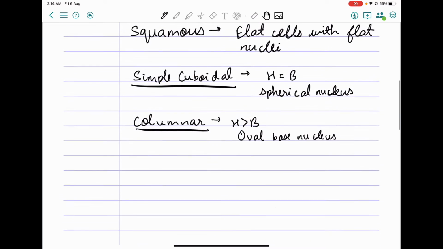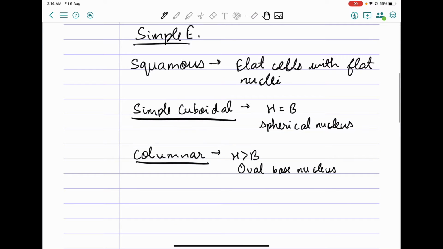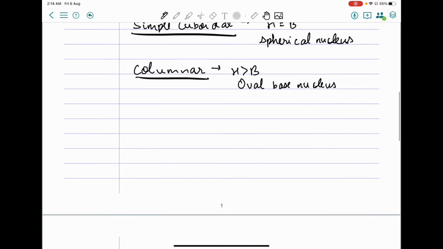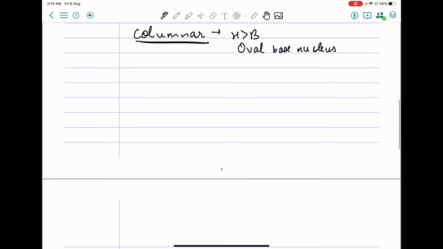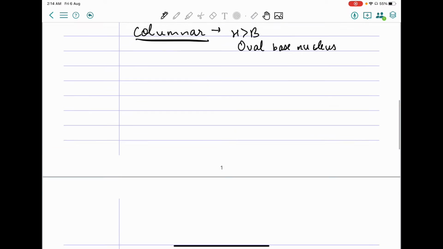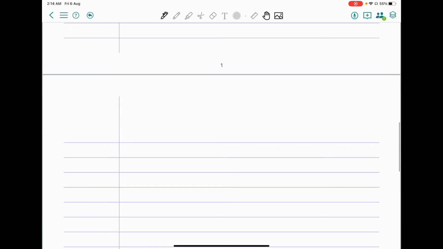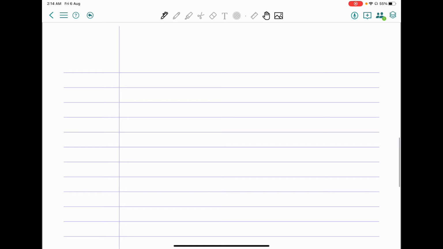Actually, these squamous, cuboidal and columnar have one more important difference: they differ in secretion. I am going to tell you this with an example. Do you know that in our thyroid, all three can be present?